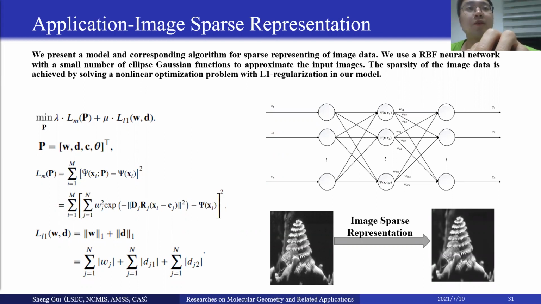Then we do the model variable initialization. We take the image pixel coordinates as the inputs and the corresponding pixel values as the labels in our models, making them x and psi respectively, and P is defined as follows.